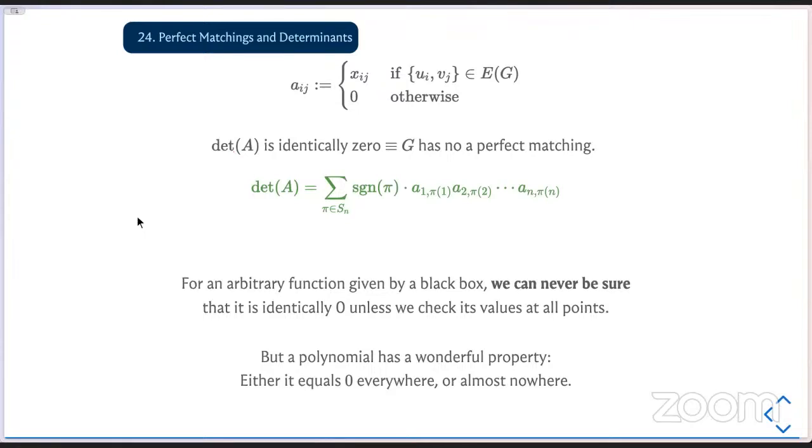So if you're not identically 0, then you're not 0 very frequently. So the hope is that we will catch the evidence for the polynomial not being identically zero with a reasonable probability.